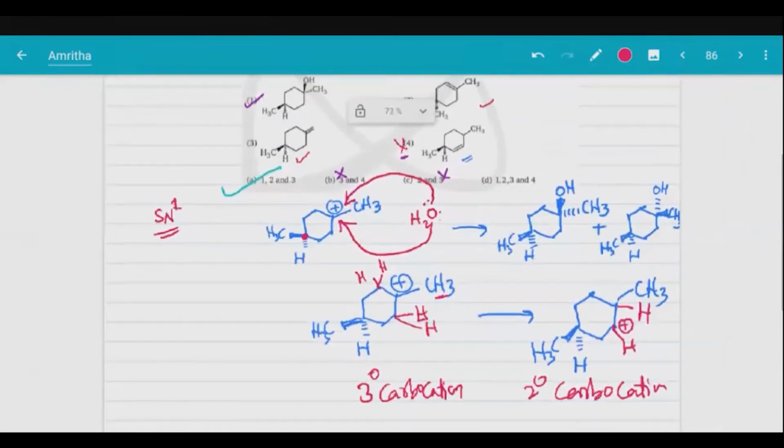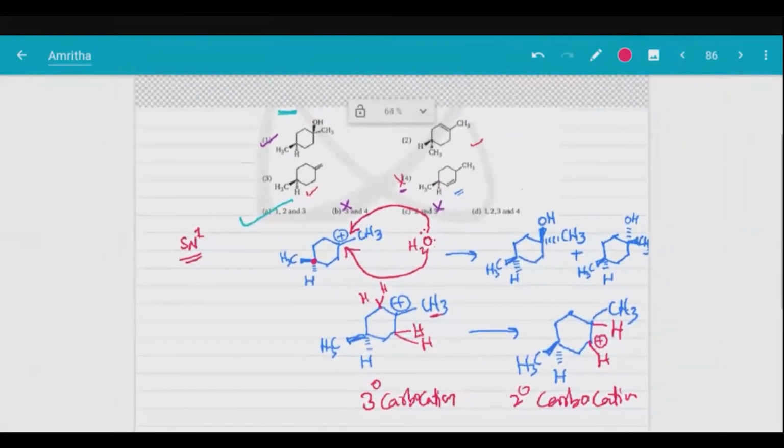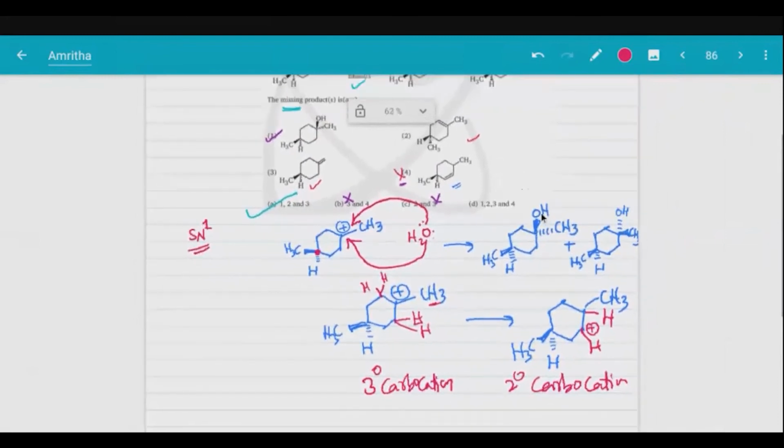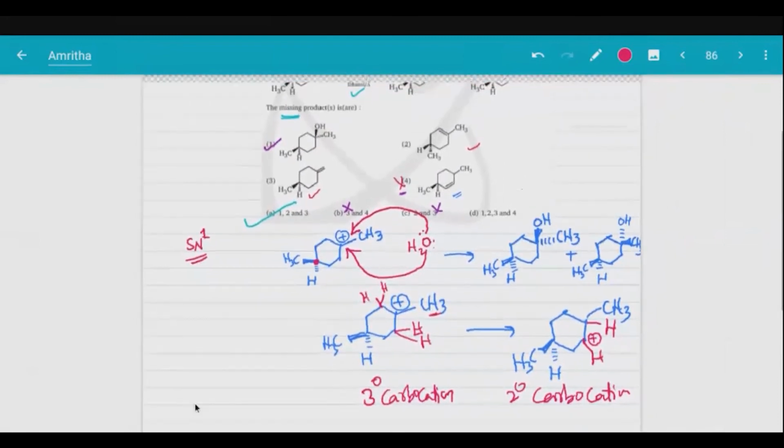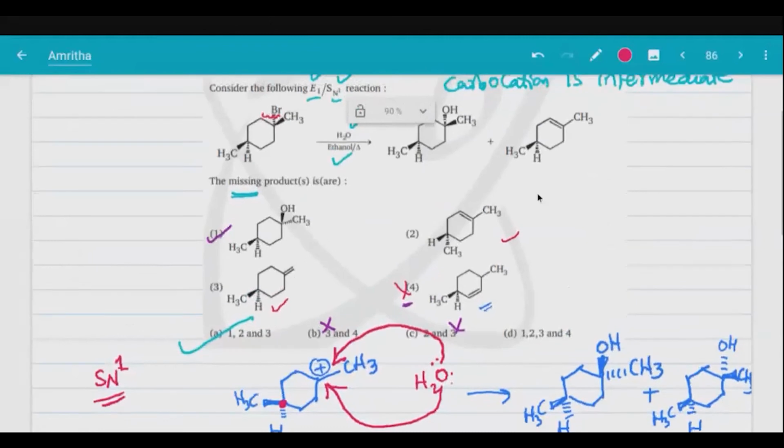1 is substitution, possible because OH can be up, OH can be down. So 1, 2, 3. See this again. Any doubt here?